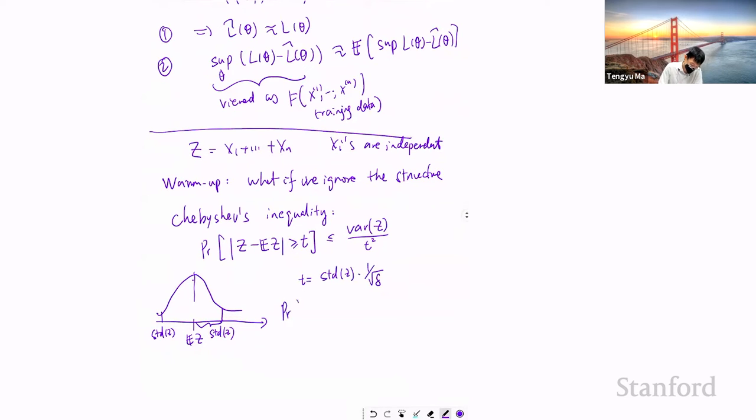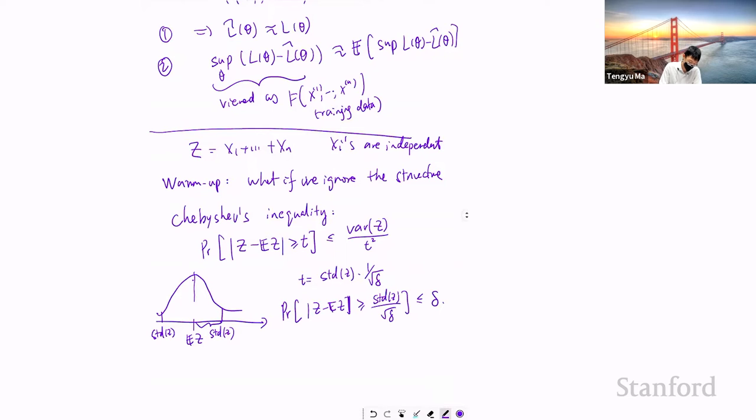What you get is that the probability that you deviate by this t, the standard deviation of z over square root delta, is less than delta, right?